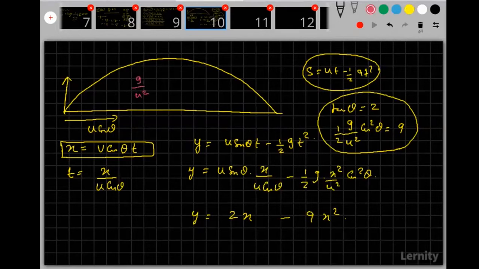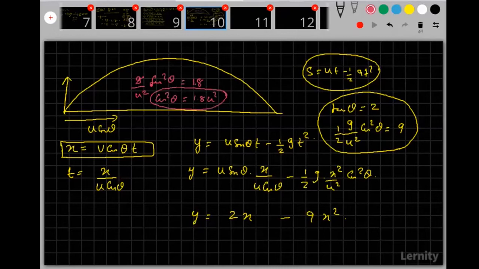So I'll have g by u squared cos squared theta is equal to 1.8, since g is 10. So cos squared theta is equal to 1.8 by u squared.